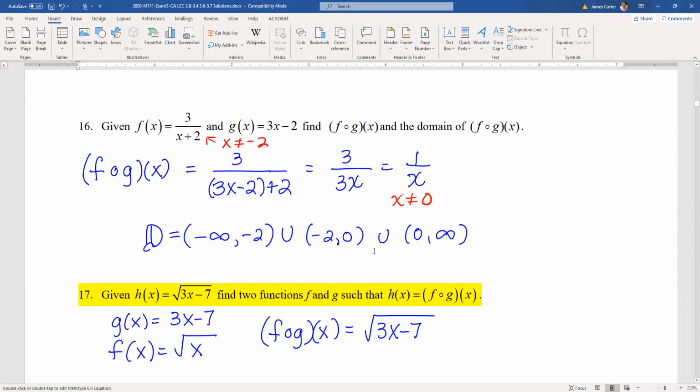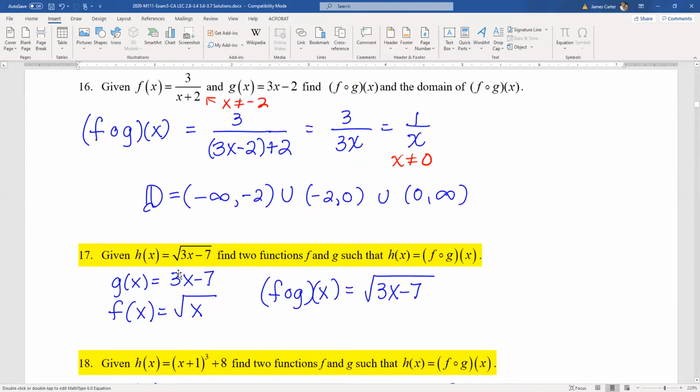So this is going to be a 3-way here. We go from -∞ to -2, not included. We can't include that. Union with the -2 to 0, which is our next stopping point that we can't include, and then 0 to +∞. So we actually have 2 gaps in this equation, one at -2 and one at 0.